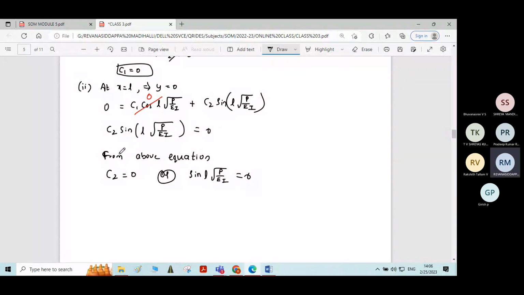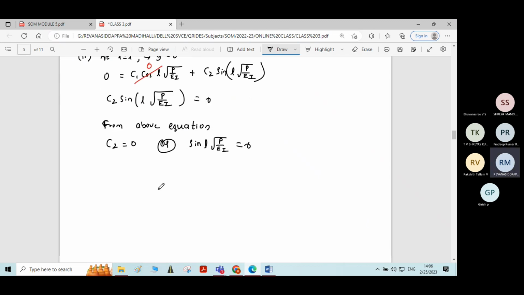Correct? So there is a product of two terms. C2 is one term and sin L root P by EI is another term. For the RHS to become 0, either C2 must be equal to 0 or sin L root P by EI must be equal to 0.